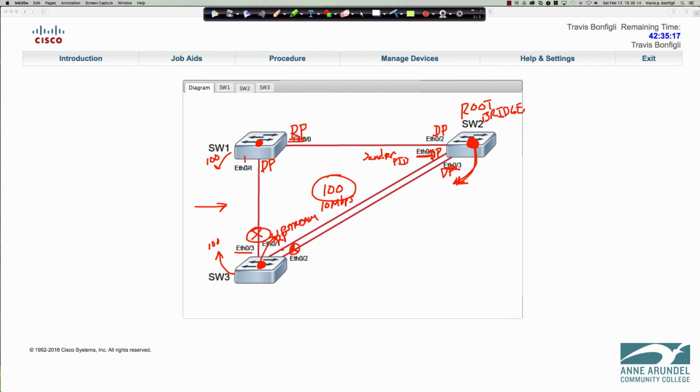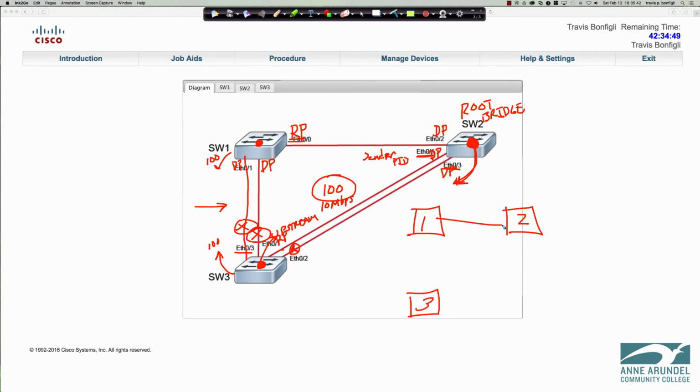And again, if we added another link in here, it would be the same thing: blocking and designated. Remember, for every segment, one of those ports would be in a forwarding state. Okay? So if I redrew this topology without the blocking links, for root bridge, switch 1, switch 2, and switch 3, what would we have?